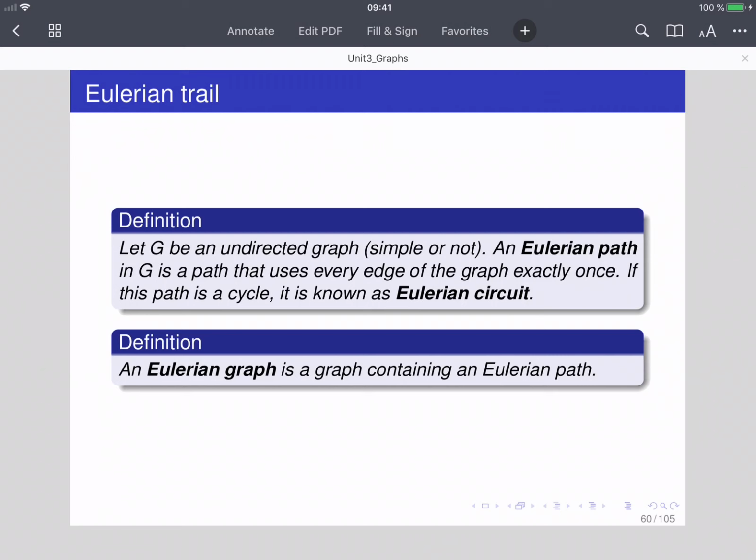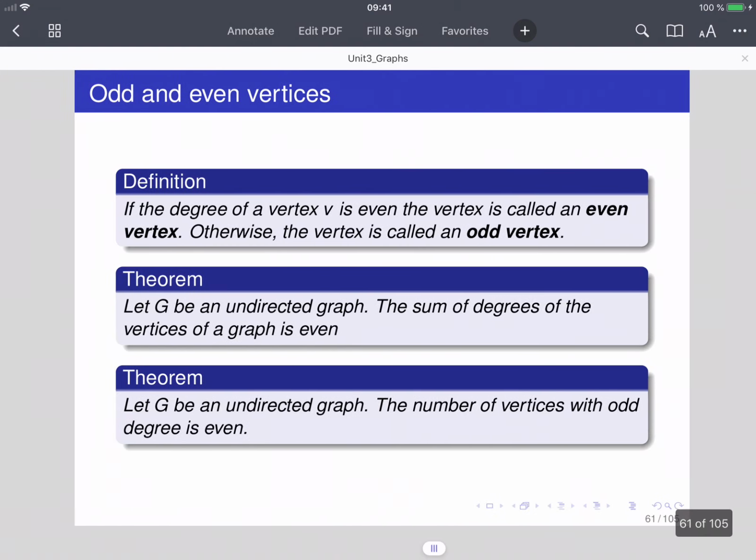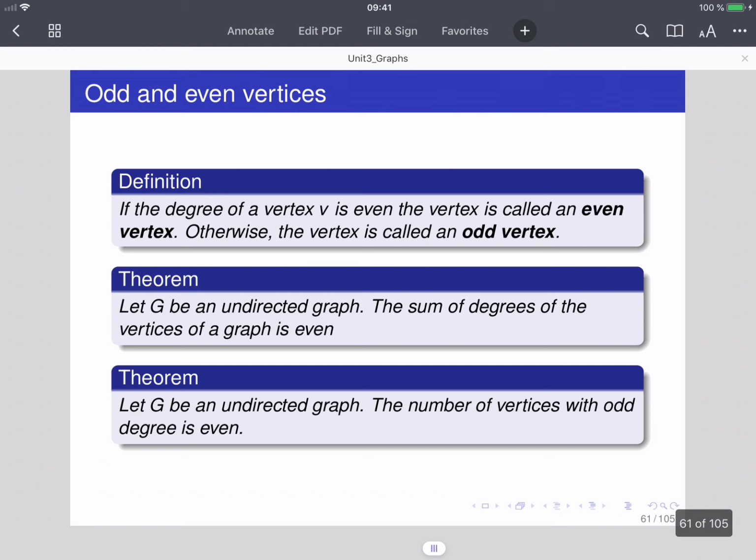Okay, so this is a very powerful result, but it's also very easy to understand and very easy to check. This is a property that might seem complicated to check, but you will see that it's very, very easy. And in fact, it has to do with a notion that we already know about, which is the notion of the degrees of the vertices. Remember that we have defined what are the degrees in a graph.